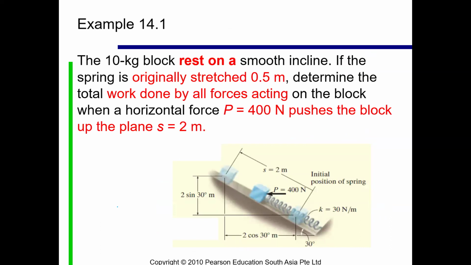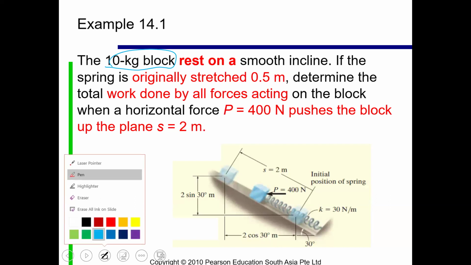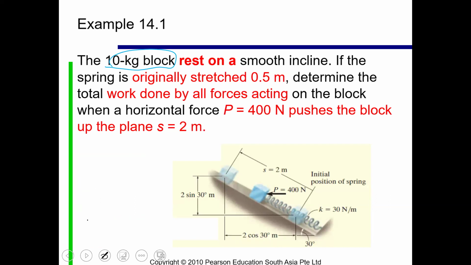Now we'll go ahead and practically solve one of the problems related to the same idea. So students, the question says that the 10 kg block, which is here, is resting on a smooth incline.